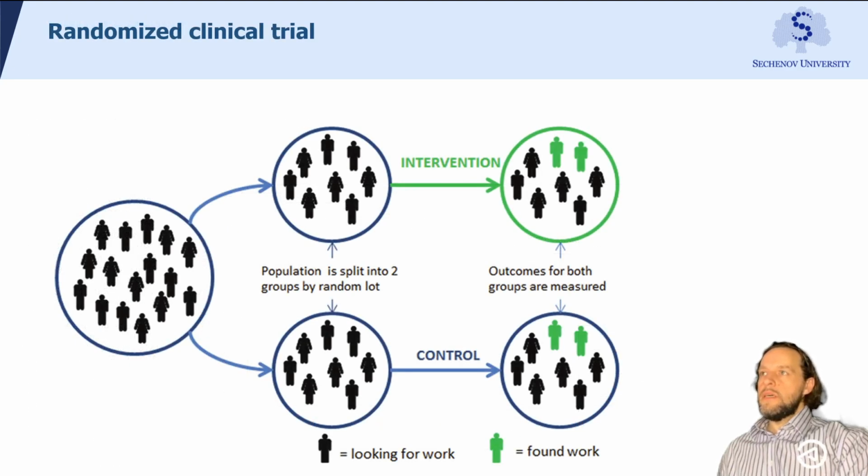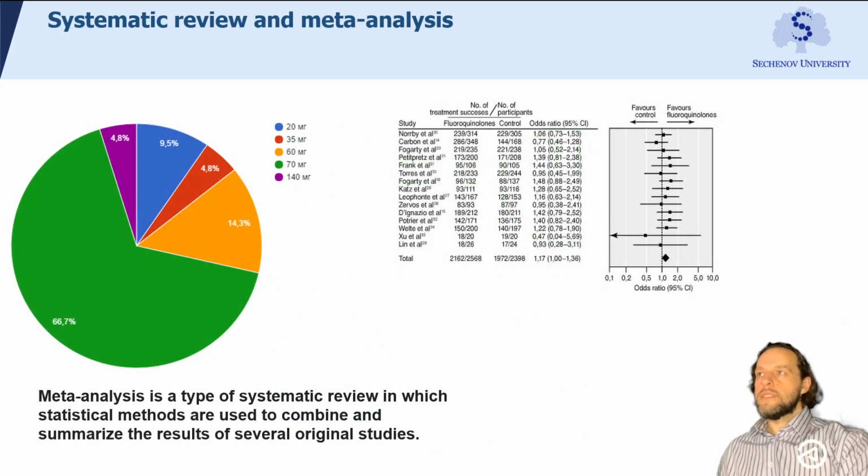Randomized clinical studies are being used in a controlled form when we have a general group divided into two subgroups randomly, and one of these groups will be intervened with some actions, and the other group will be the control one, and in the end we will compare these two groups and their results.